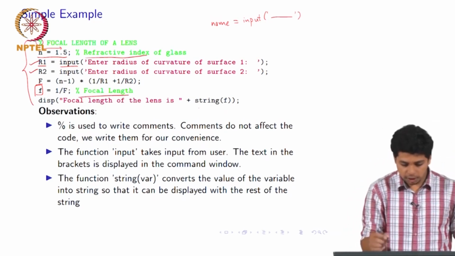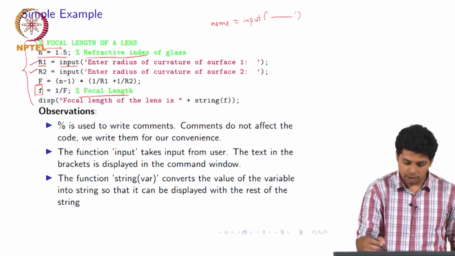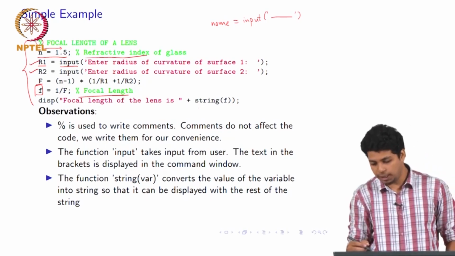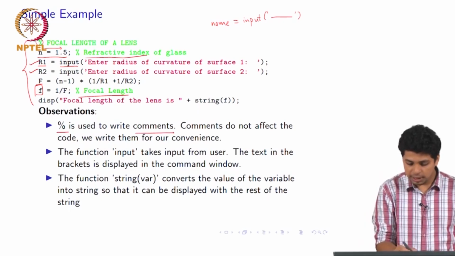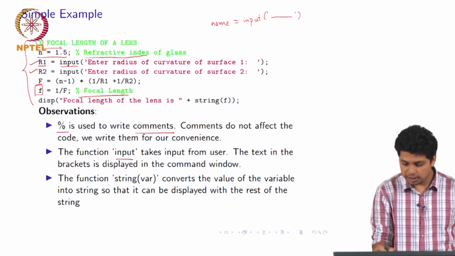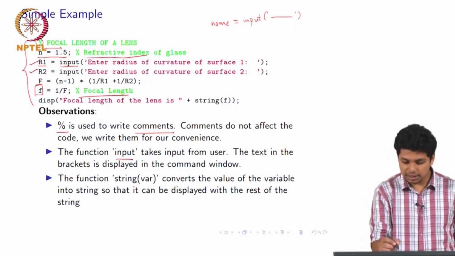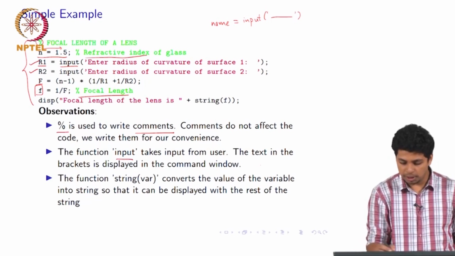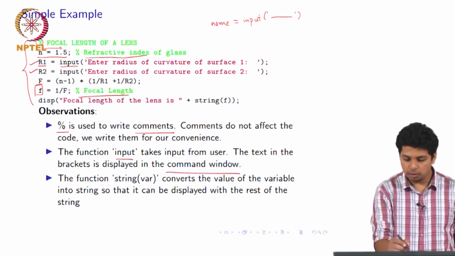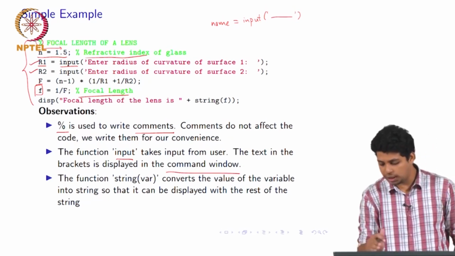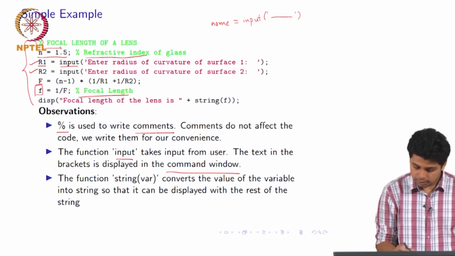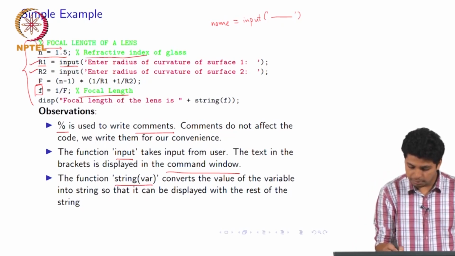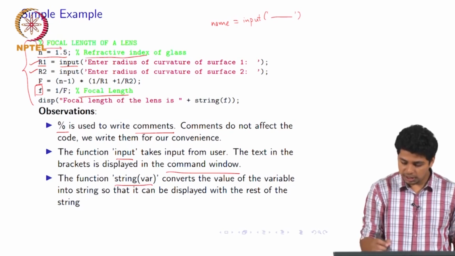Now in this entire program, there are a few observations that we should make. Like I said, percent is used to write comments. Then this function called input takes in the input from the user, and the text in the brackets within these inverted commas is just displayed in the command window. You can enter whatever text you want, and it will not affect any further code. Then this function string, and in brackets the name of the variable, is a special function.